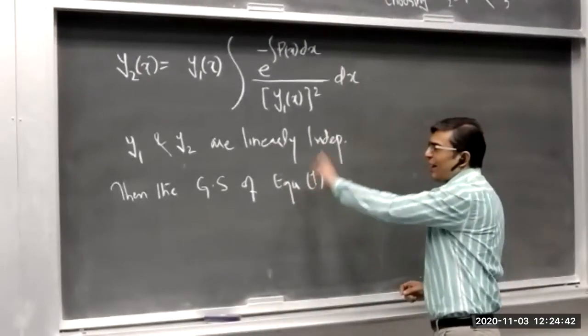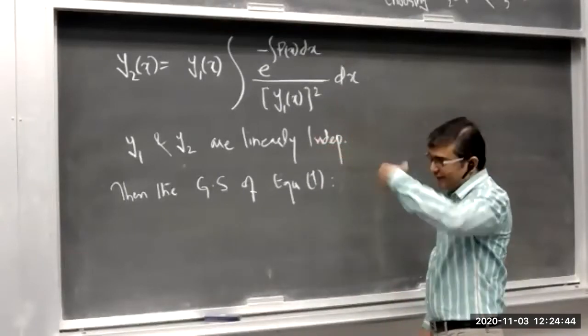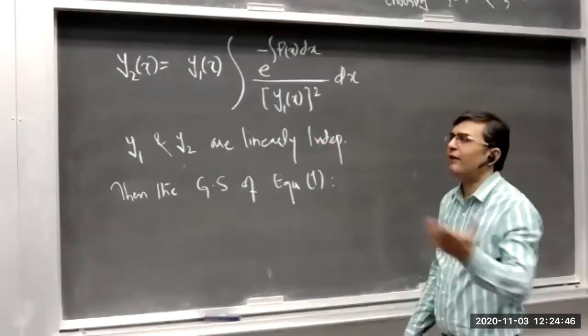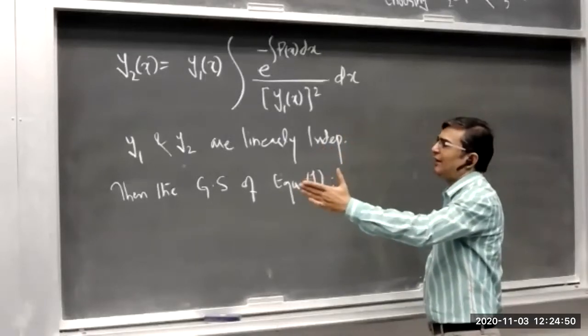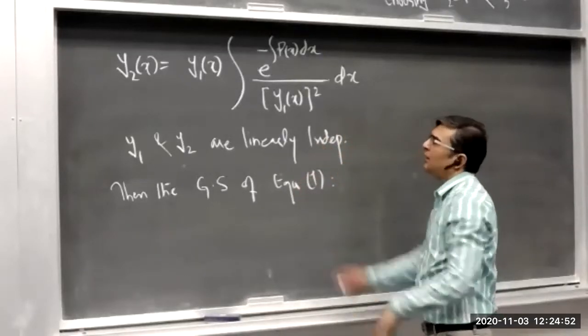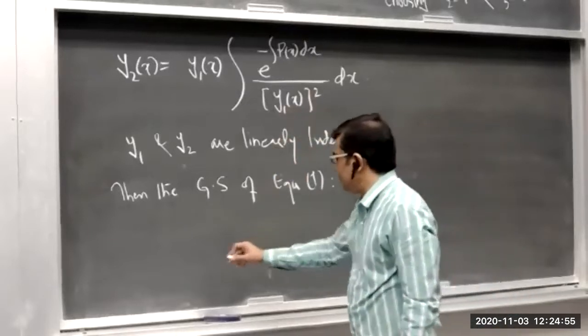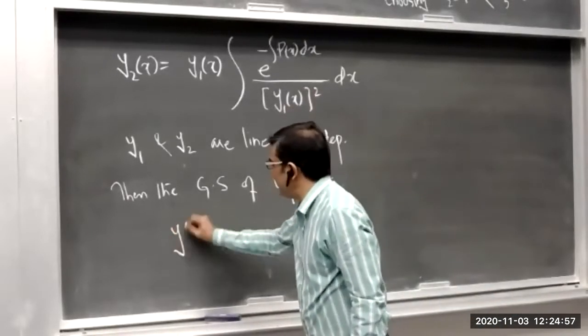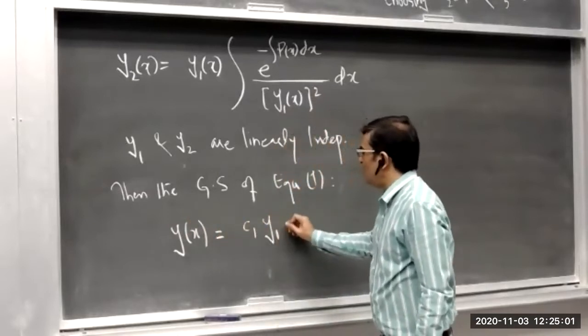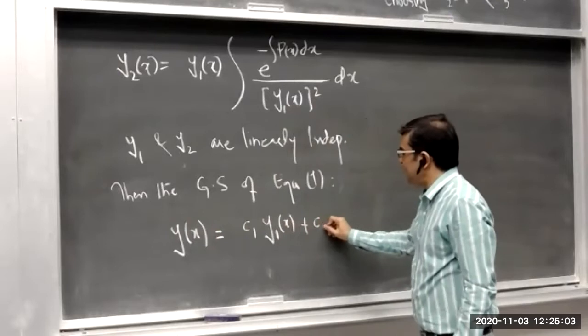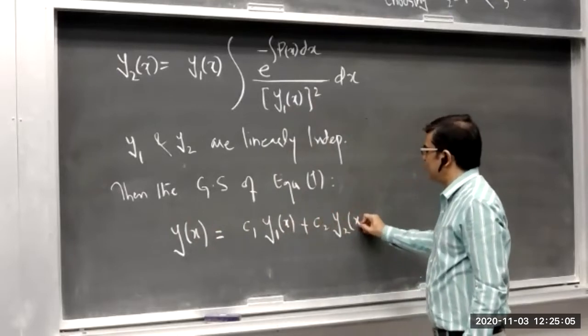So you have to write the given equation. If it is not in standard form, first you have to convert that given second order ODE into standard form, and then you can write these solutions. So the general solution in that case would be y is equal to C1 y1 of x plus C2 y2 of x.